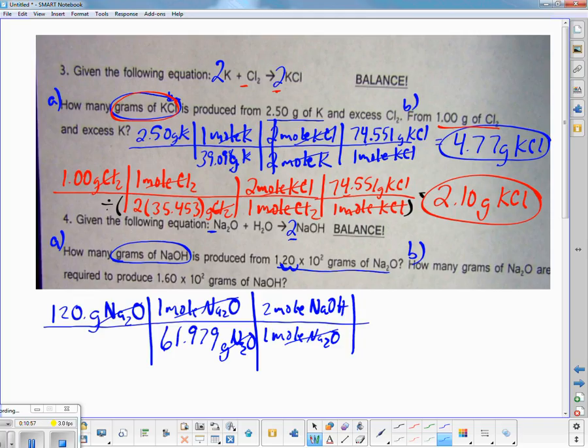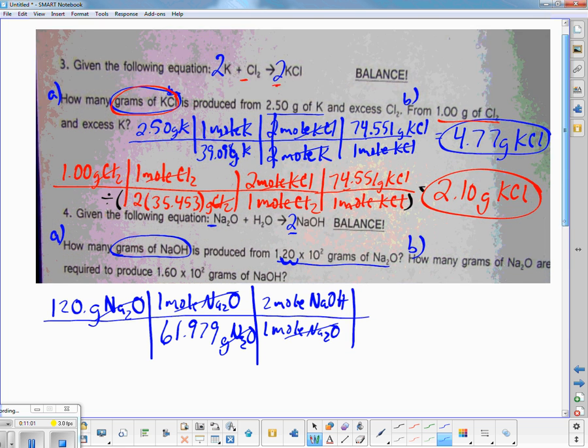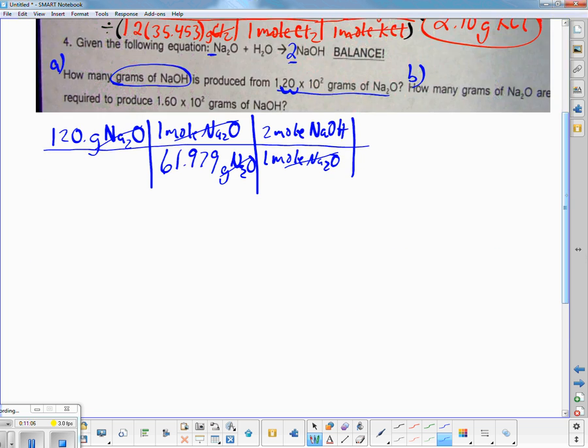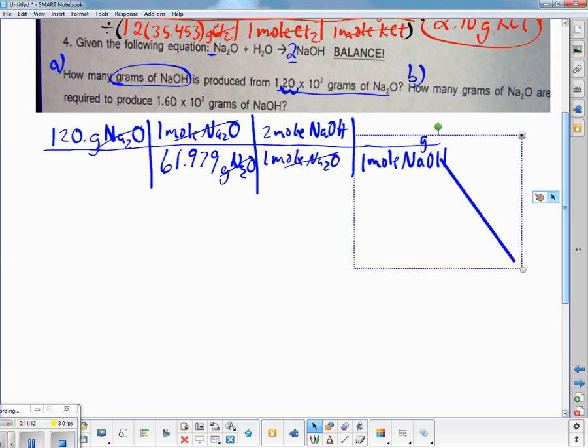Last conversion, what's it going to be? Oh, sorry. I need to go from moles of NaOH to grams of NaOH.